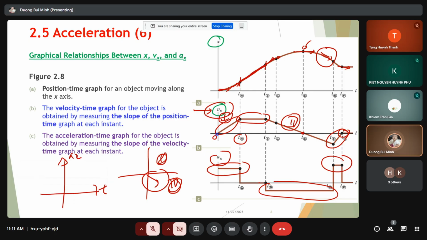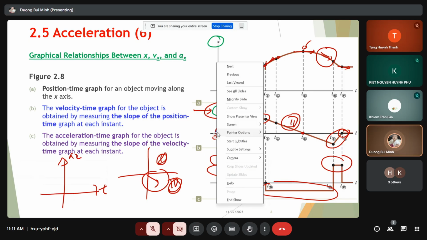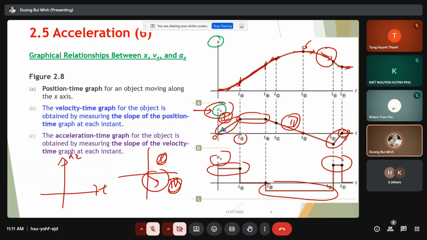So if I consider this, I get the slope constant and in the same direction.